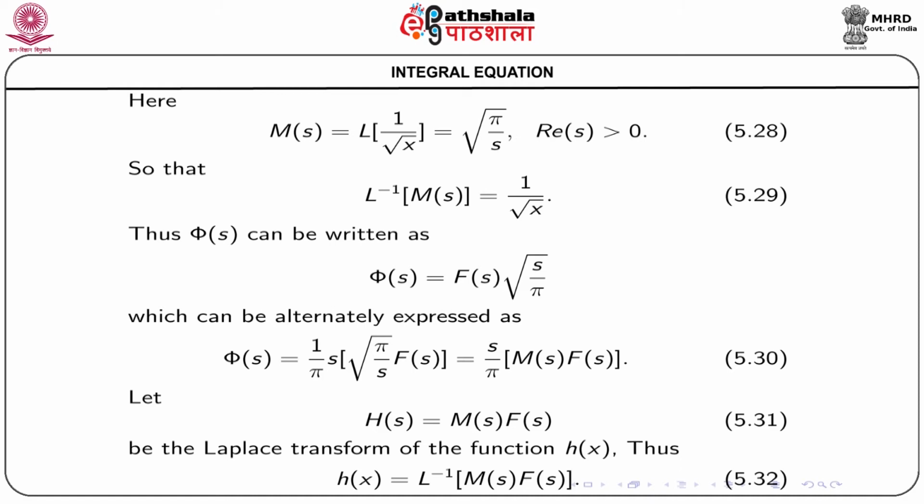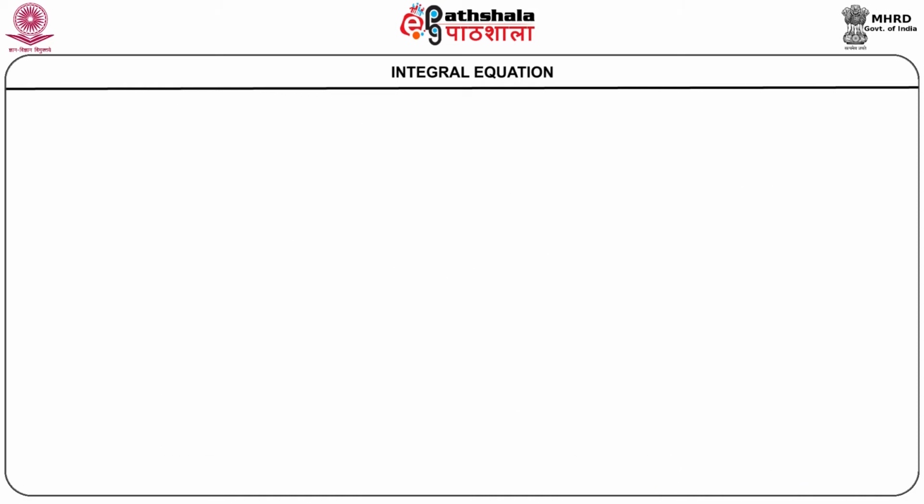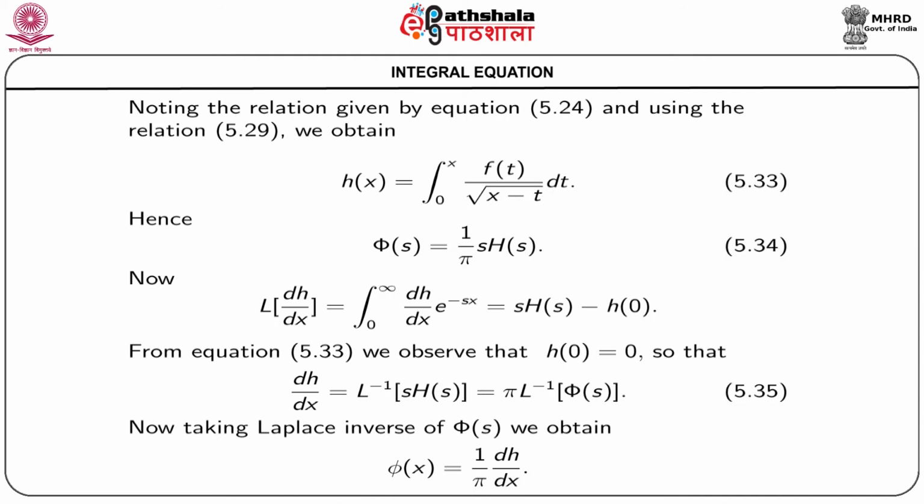So, we can express h x as the convolution of functions, which is the inverse Laplace transform of capital M s and inverse Laplace transform of capital F s, and this is given by small h x is equal to integral 0 to x f t by root over x minus t dt.